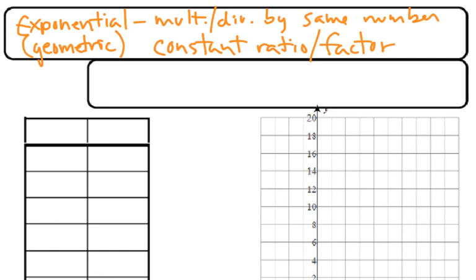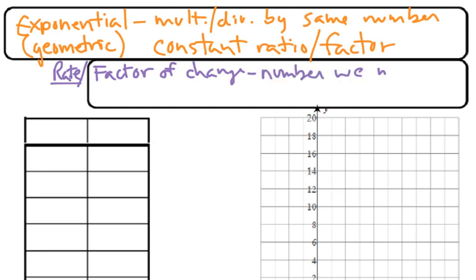So the way we talk about this one, we really don't call it a rate of change. I mean, we can call it a rate of change. You may want to call it even a factor of change. Sometimes they will use rate, though. But its rate of change actually is not constant. The factor of change is constant. That one isn't. So that's just simply the number we multiply.